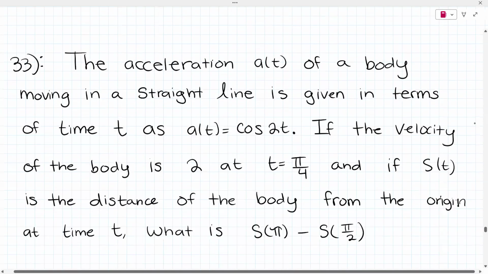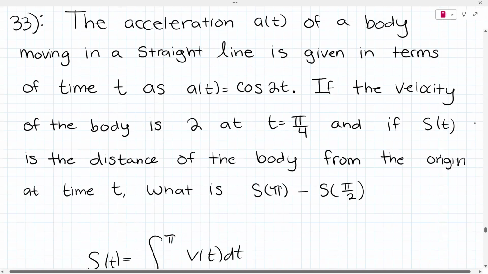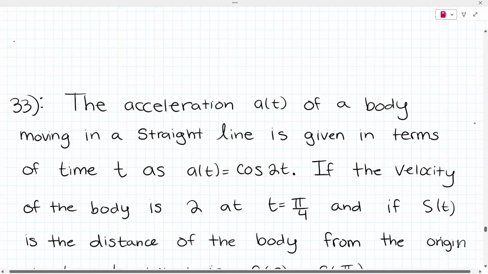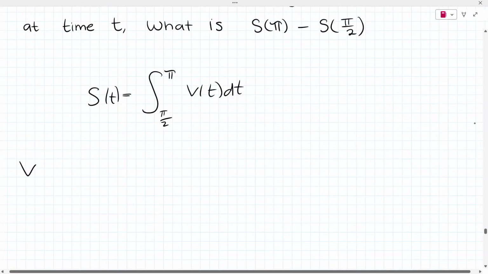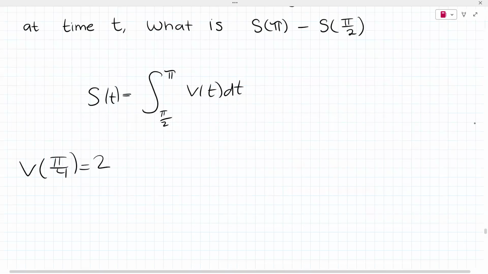They give you v of pi over 4 equals 2. So really you have a coordinate at v of pi over 4 of 2.